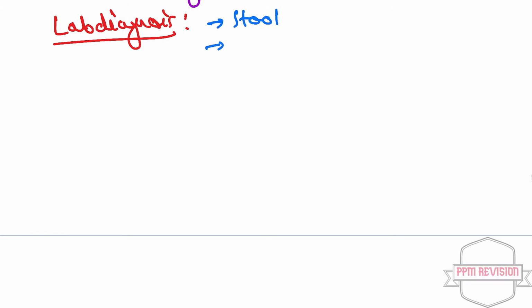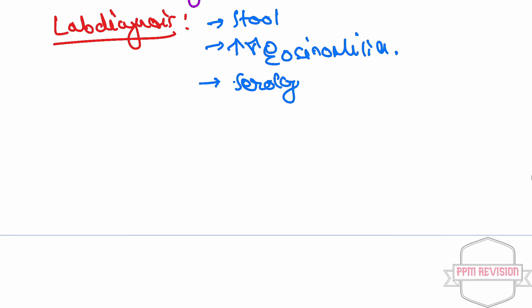Next, we'll be looking for high eosinophilia. Next, we'll be looking at the serological tests, and this includes ELISA.